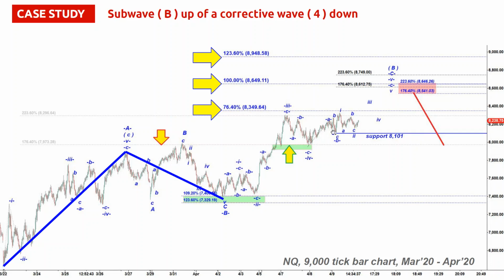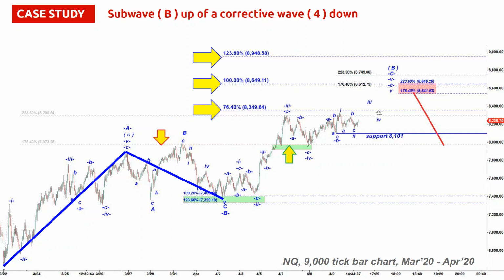C. We should get full 5 microwaves, and that would be 1, 2, wave 3, 4, and 5, which points to a very similar target, which is 100% extension of that first leg up in subwave A, and that would give us something like 86.50, 85.50.